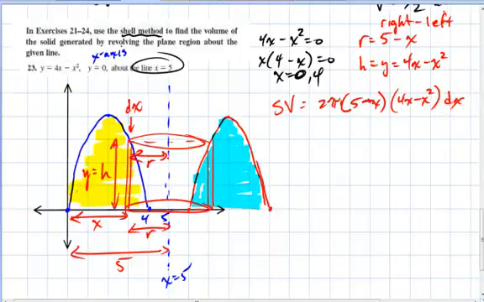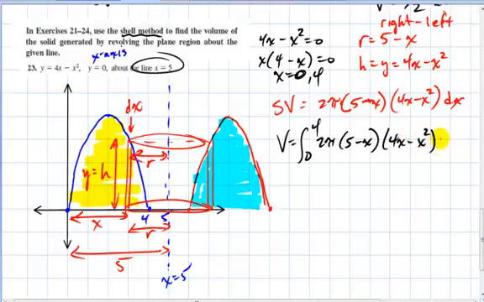My shells are built by taking cross sections vertically, so from 0 all the way to 4. So my total volume is found by taking the integral from 0 to 4 of 2 pi times my radius, 5 minus x, times my height, 4x minus x squared, dx here.